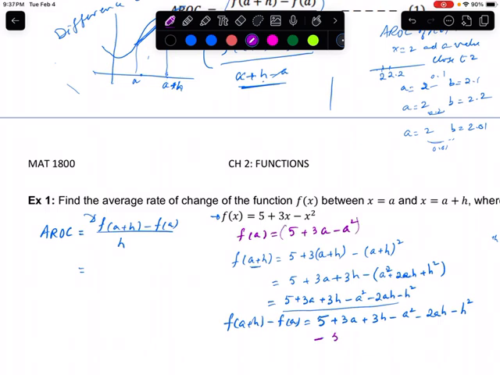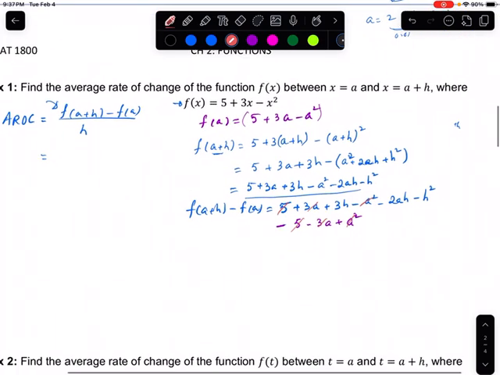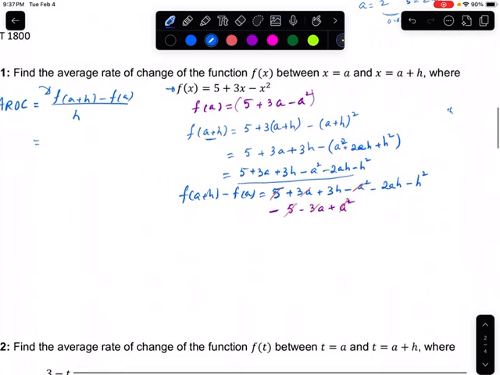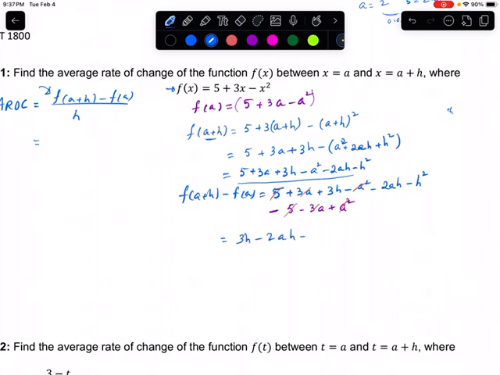So we will get negative 5 minus 3a plus a squared. So notice now some things cancel out. 5 and 5 cancel out, 3a and 3a cancel out, and a squared and a squared cancel out. And we are left with 3h minus 2ah minus h squared.